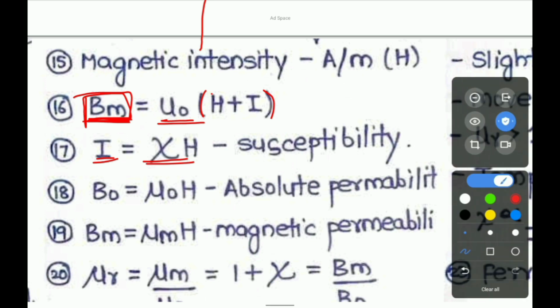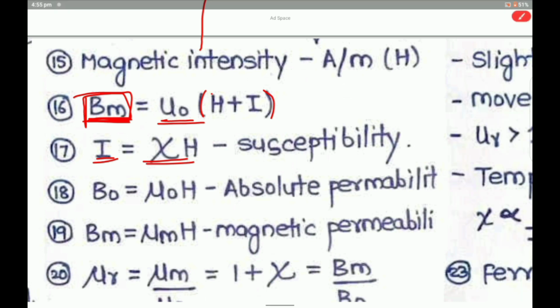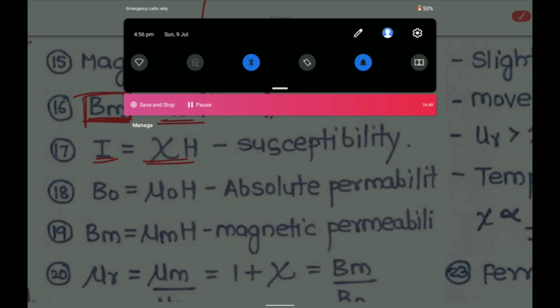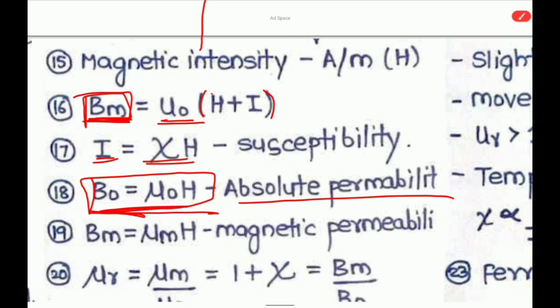Xi is your susceptibility, and H is your magnetizing field.